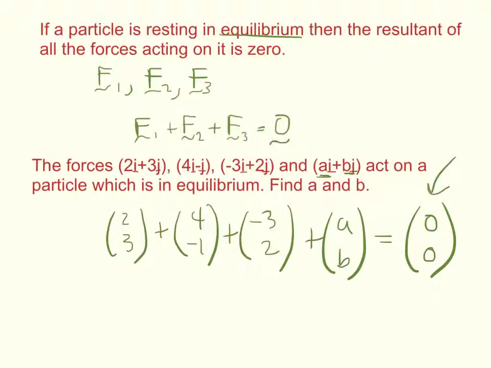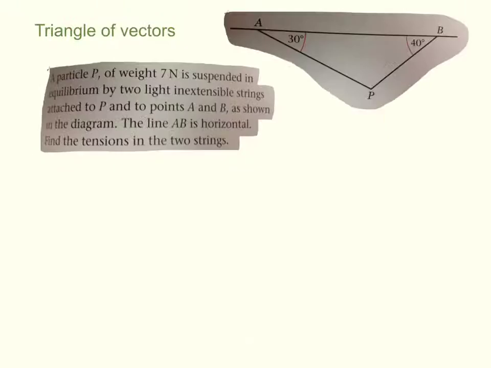This should be underlined here because it means (0, 0) rather than just 0. Okay, so we've got 2 plus 4, which is 6, minus 3 is 3, so A is minus 3, and if we add the other components together, then we get B equals minus 4.